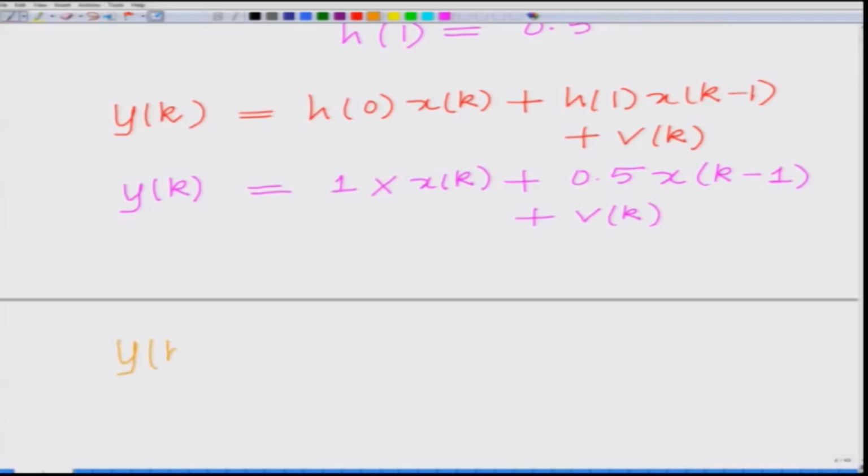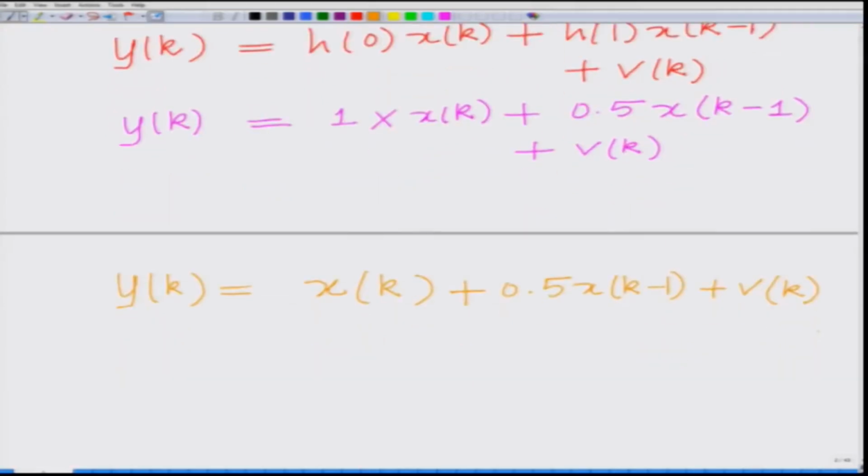We have Yk equals, therefore, Xk plus 0.5 times Xk minus 1 plus Vk.